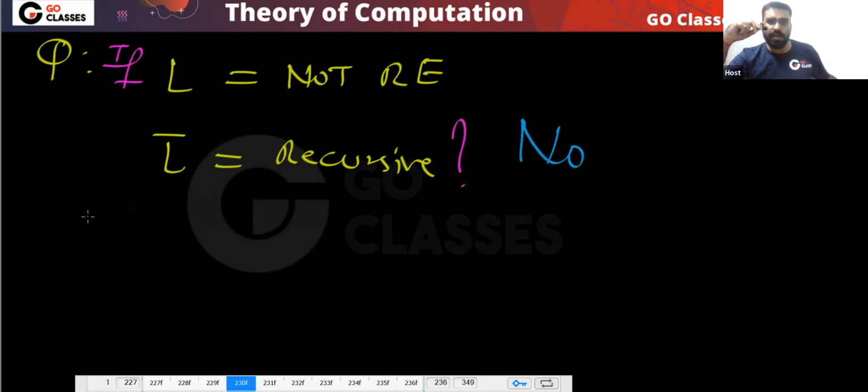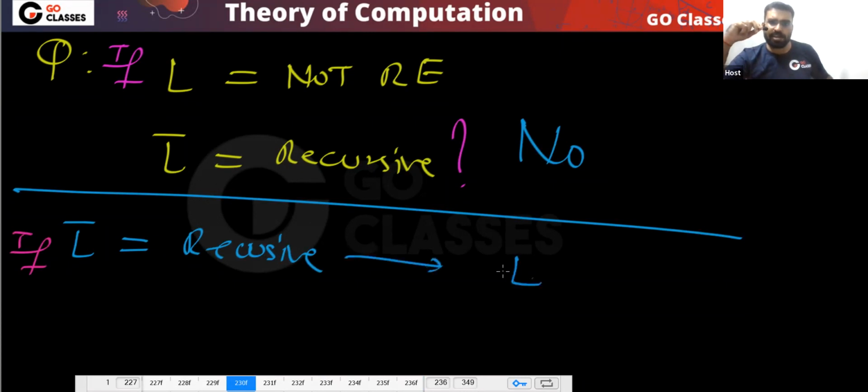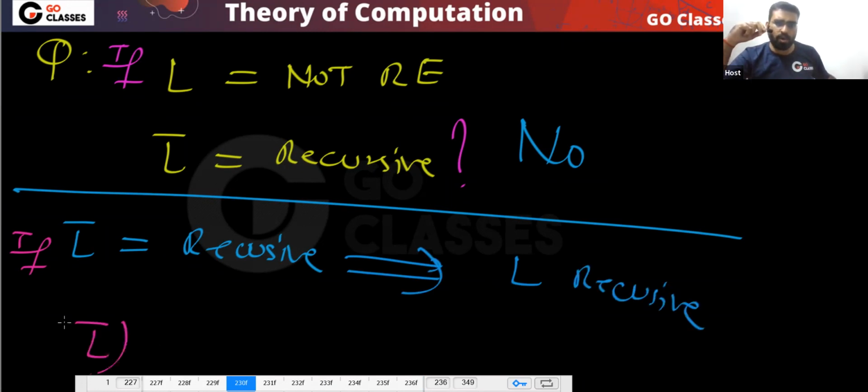No. If L complement is recursive, then what will happen? Then L will be recursive. You know L complement whole complement is L. This is just to confuse.